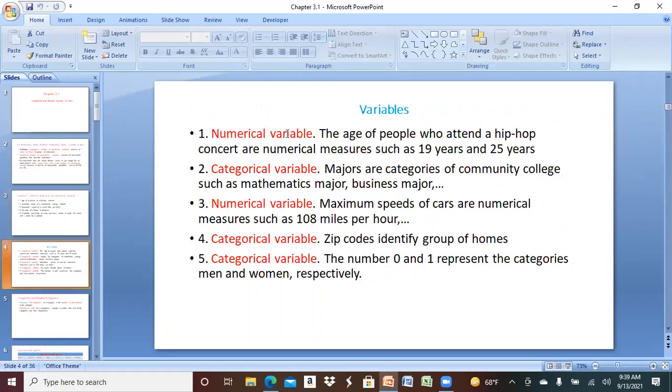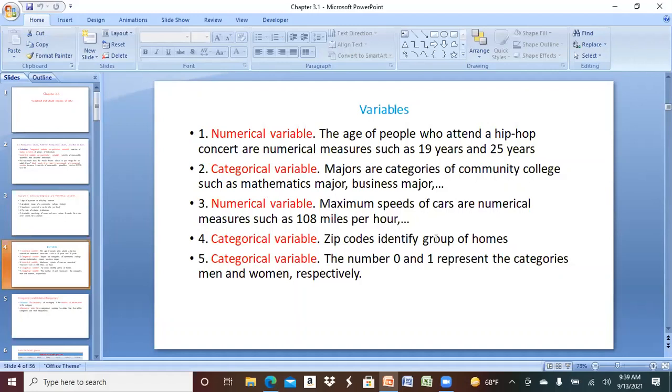Your numerical variable is a number, right? The age of a person, 19 years, 25 years, we call it numerical. The academic major, with many kinds of majors, is a categorical variable. The maximum speed of the car, 108 miles per hour, is a numerical variable.